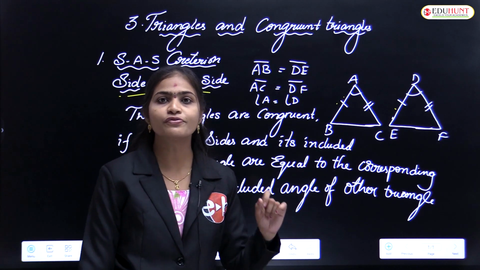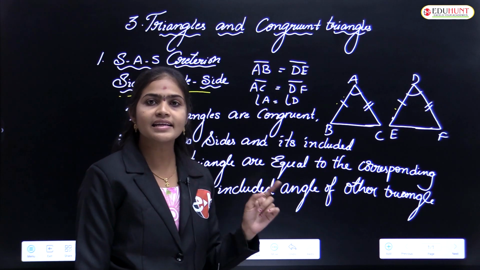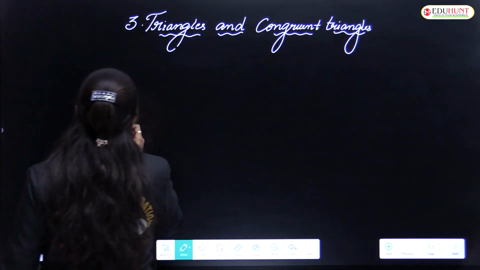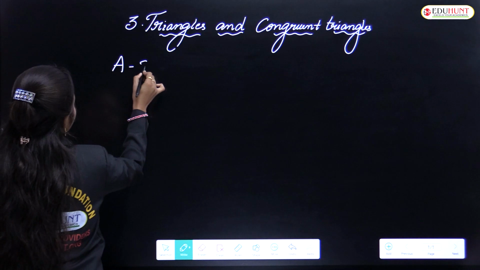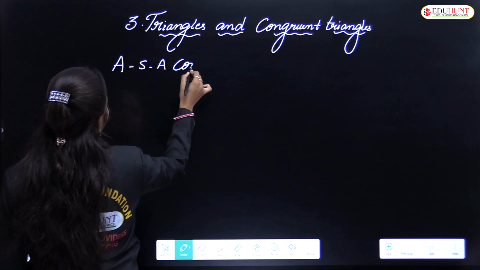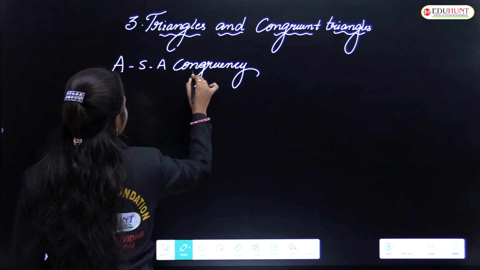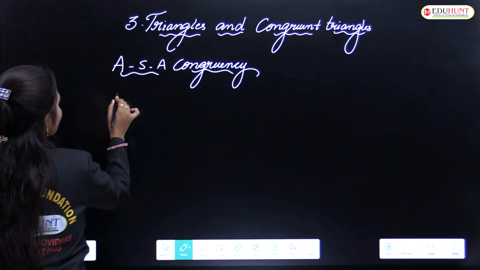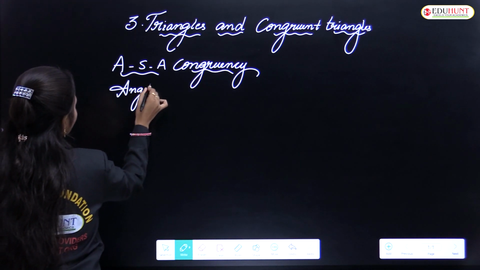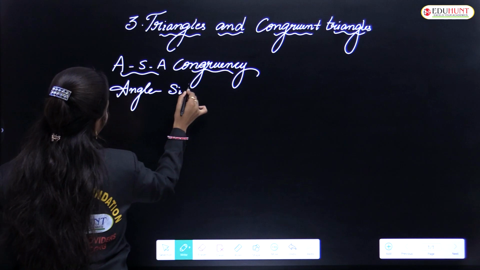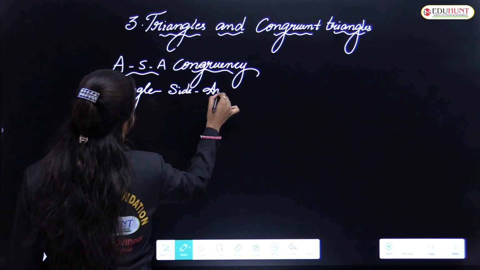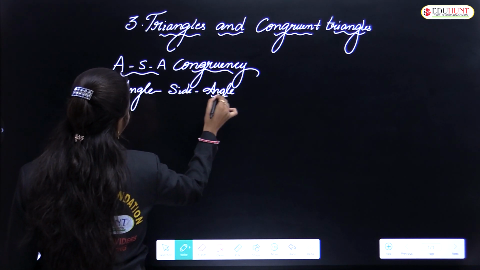Okay, so this is the first axiom. And the next one is ASA congruency. ASA means angle, side, angle.